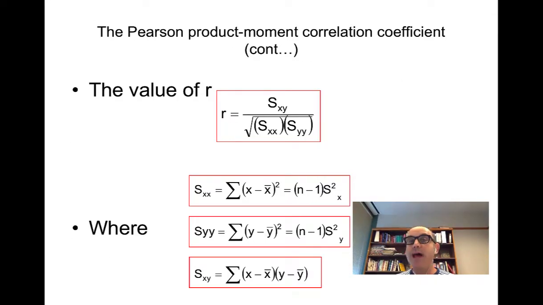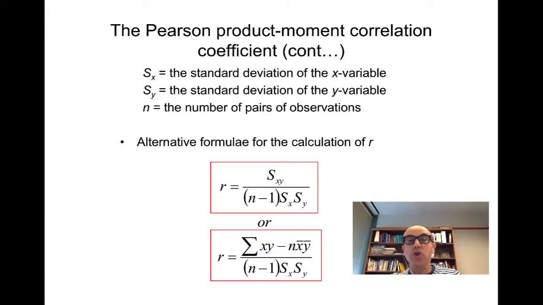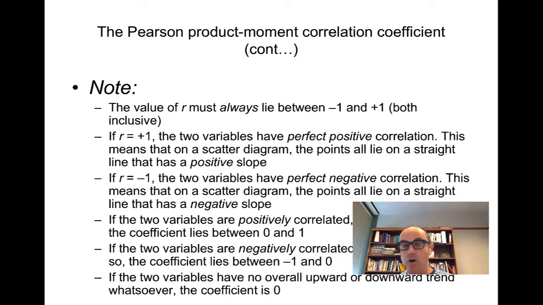So in this case, we have the r, and we have the S, with three different formulas to calculate or find that. You have to know that in order to calculate. So S_x is the standard deviation of X. S_y is the standard deviation of Y. The n is the number of pairs of observations, and the alternative formula for calculation is the following.